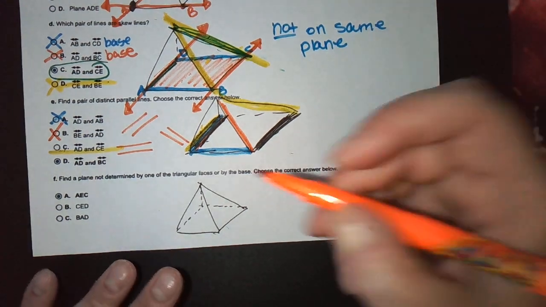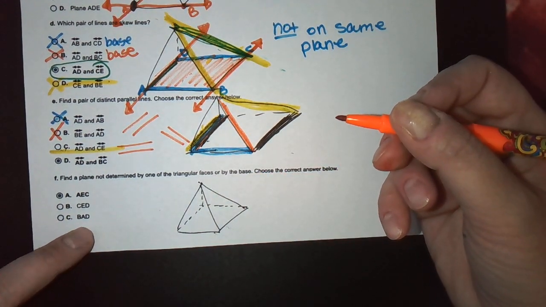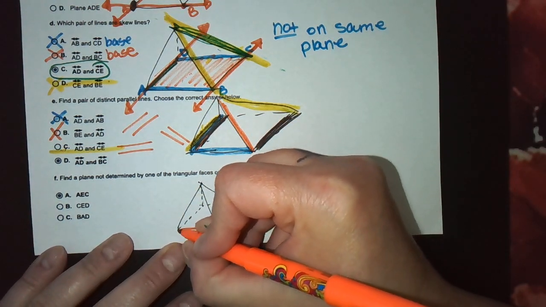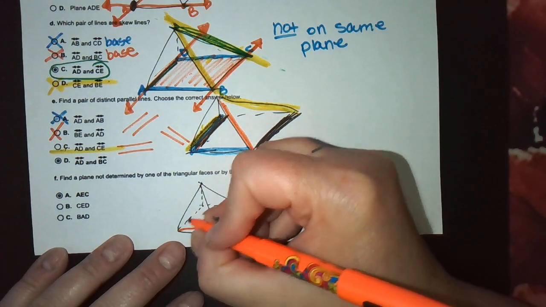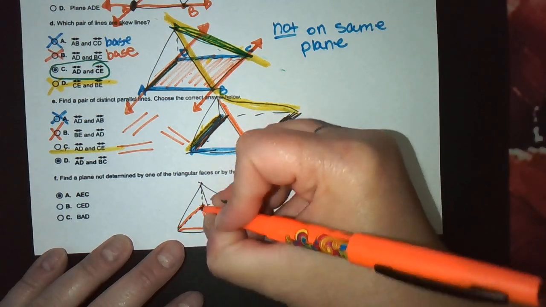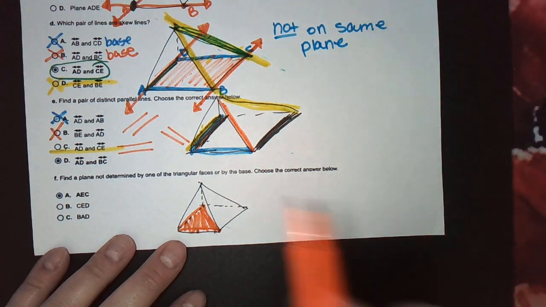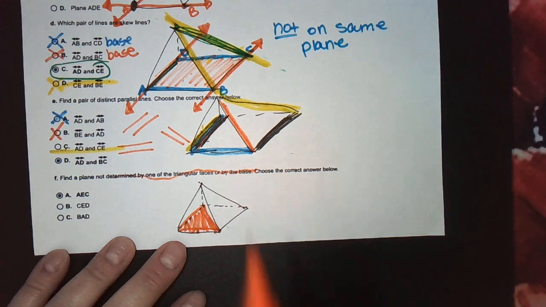So let's start tracing. BAD, that looks like this. This is BAD, but it says find a plane not determined by one of the triangle faces or by the base.